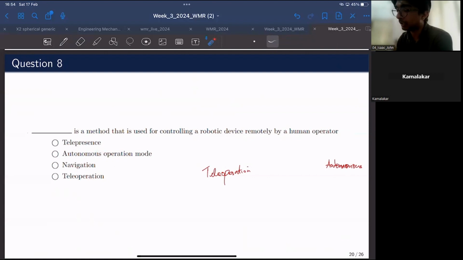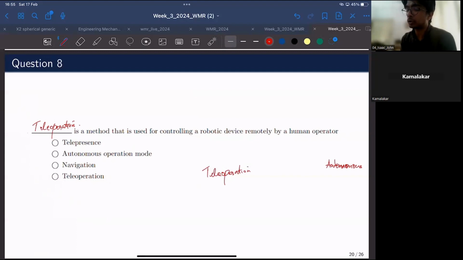So I don't think we need to elaborate further on this. This is nothing but teleoperation. Mostly how rovers on other planets or moons are operated by a base on Earth.